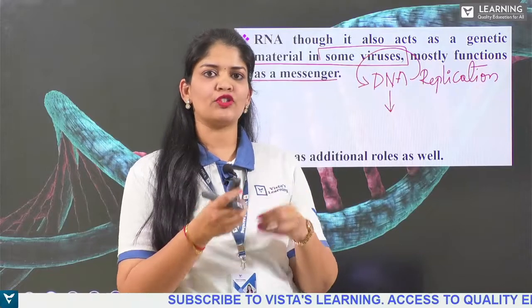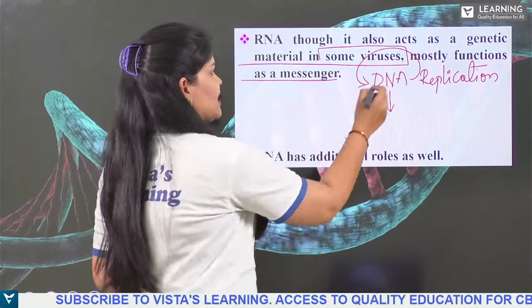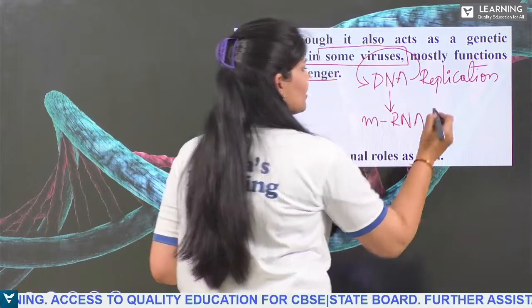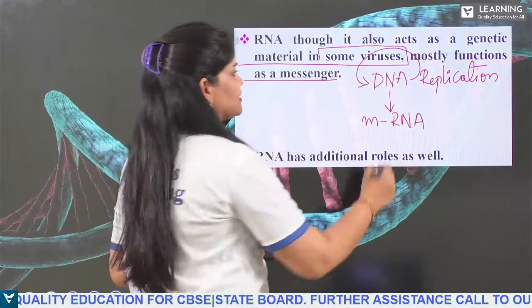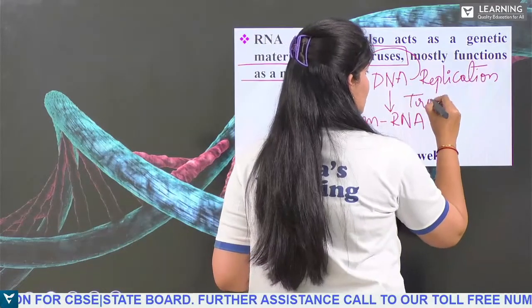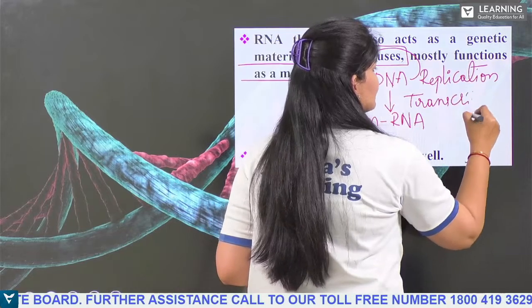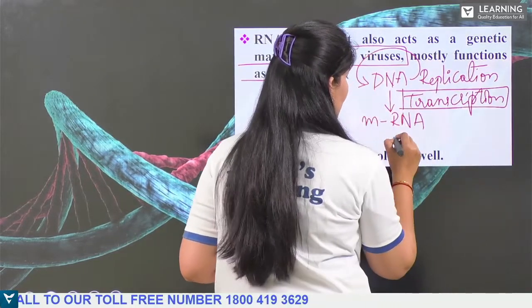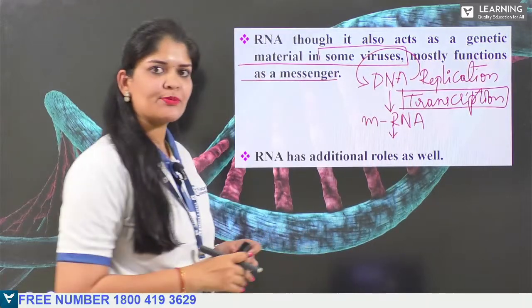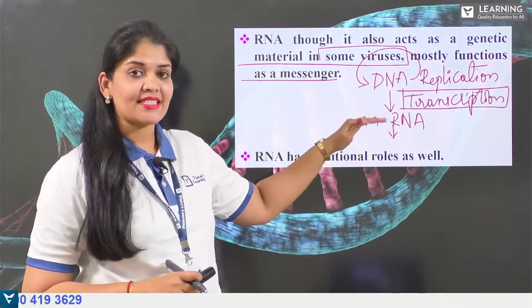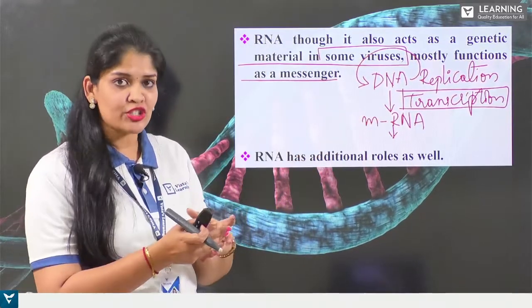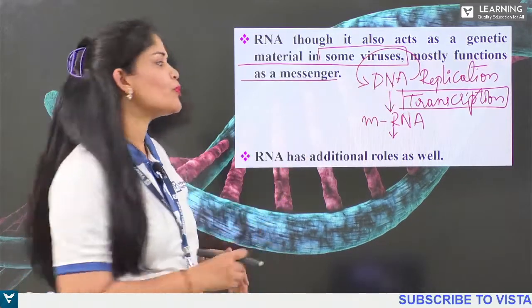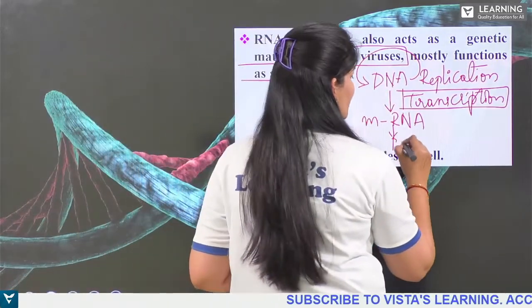So DNA transcribes into mRNA, and this process we call transcription, right? Now, the information present in the mRNA, actually mRNA is acting as a messenger. Thereby, it is carrying the information present in the DNA to synthesize protein.